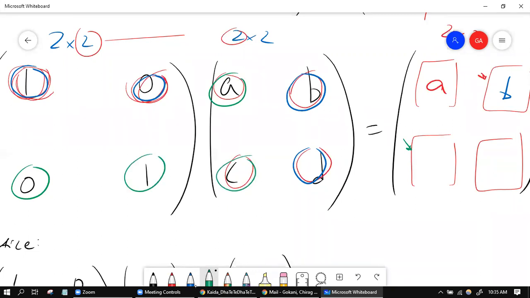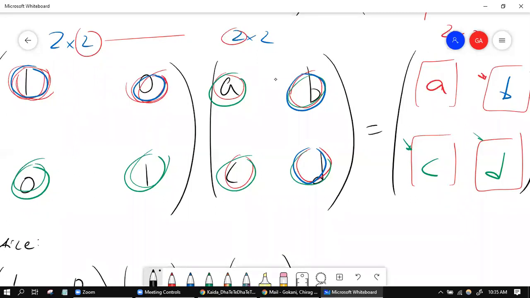So A times 0 is 0, plus 1 times C is C. Your last element is this times this, plus this times this. 0 times B is 0, 1 times D is D. Sorry, I didn't use a different color, but does this make sense? Roughly? Okay, we're going to do some practice.